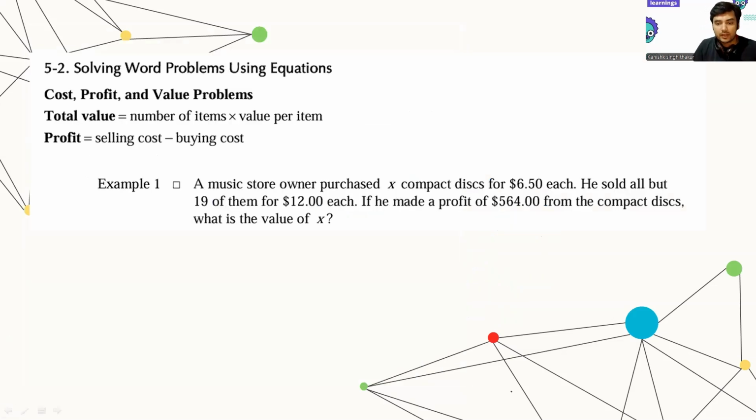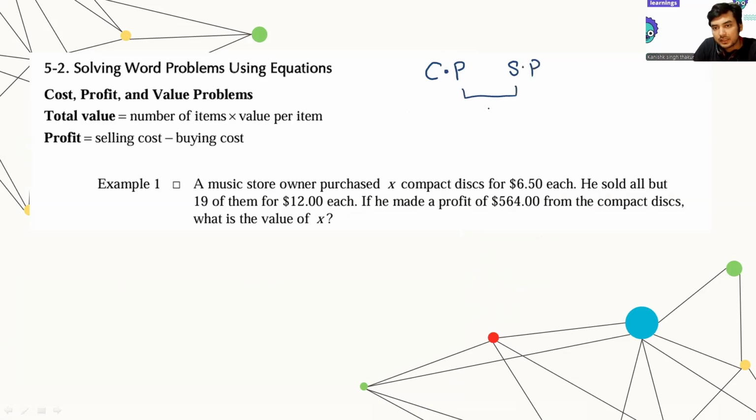Now let's go ahead and solve these problems, which are profit, loss and all those. So, solving word problems using equations. You have to write like this. First of all, whenever you write here, you write cost price. Here it would be selling price.